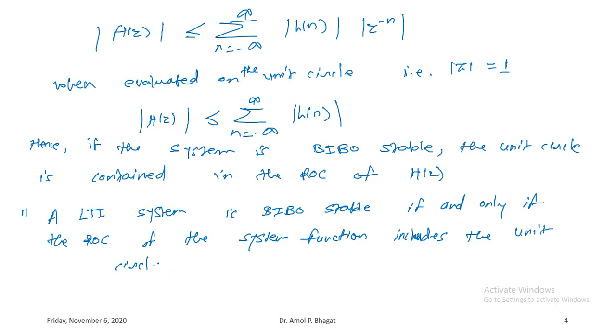Okay, so that is how we are defining the causality and stability of an LTI system in the Z domain.